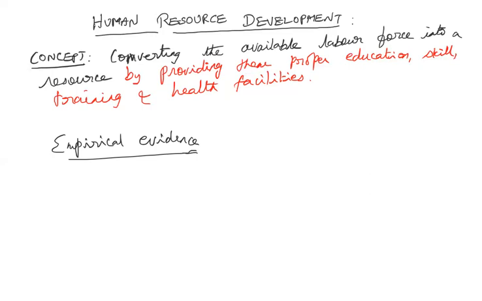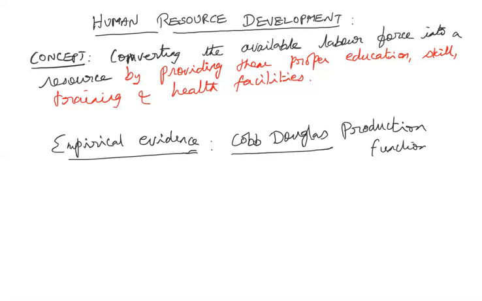How much percentage of the output is contributed by the physical capital and how much by the human capital? There was a famous production function known as the Cobb-Douglas production function. Those who are doing the CPT will come to know about this Cobb-Douglas production function.